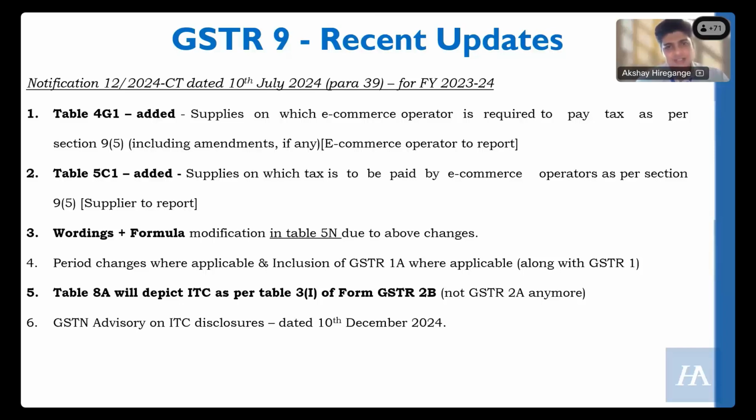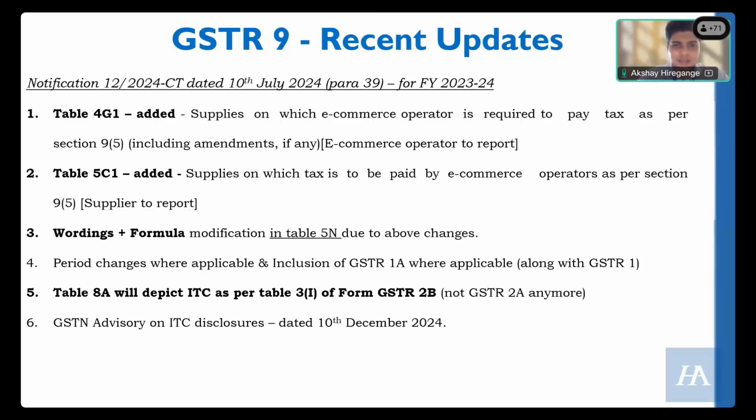The biggest change in GSTR 9 is the fifth point, which is table 8A will depict ITC as per table 3I of form GSTR 2B. Earlier it was GSTR 2A, now it has been made GSTR 2B.